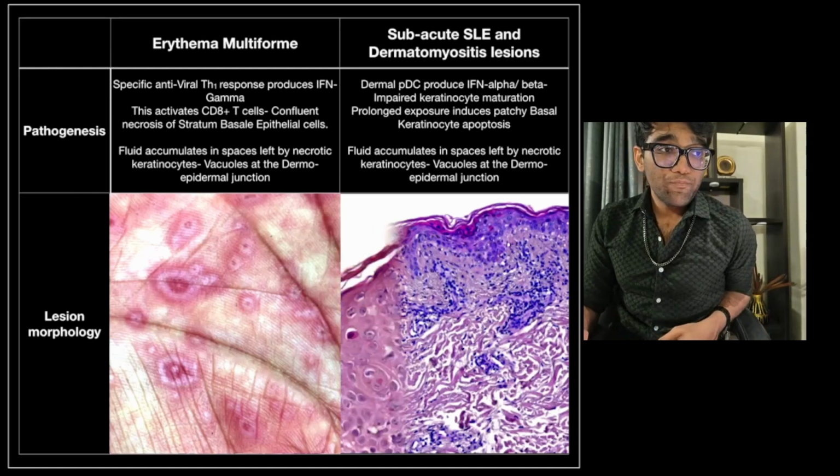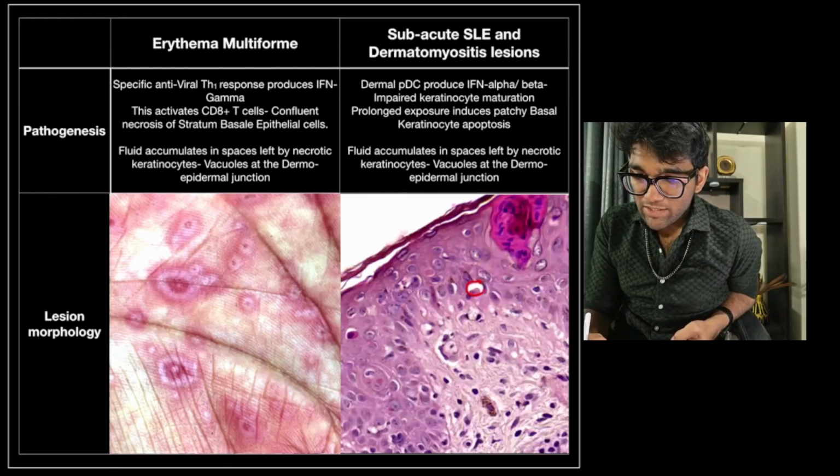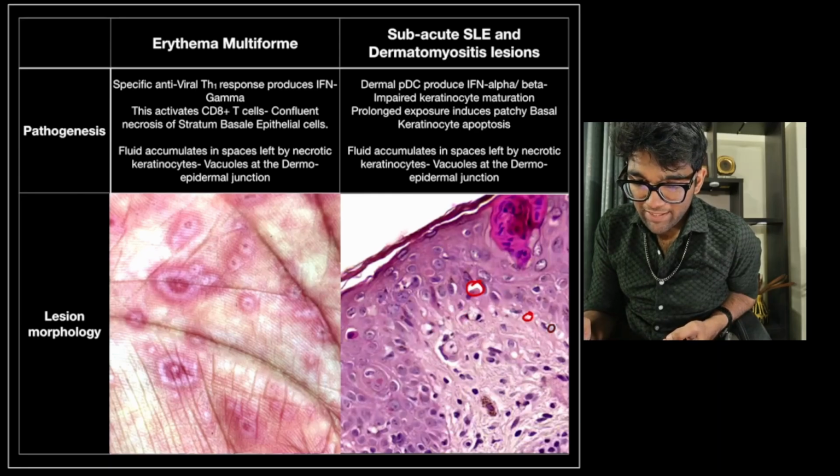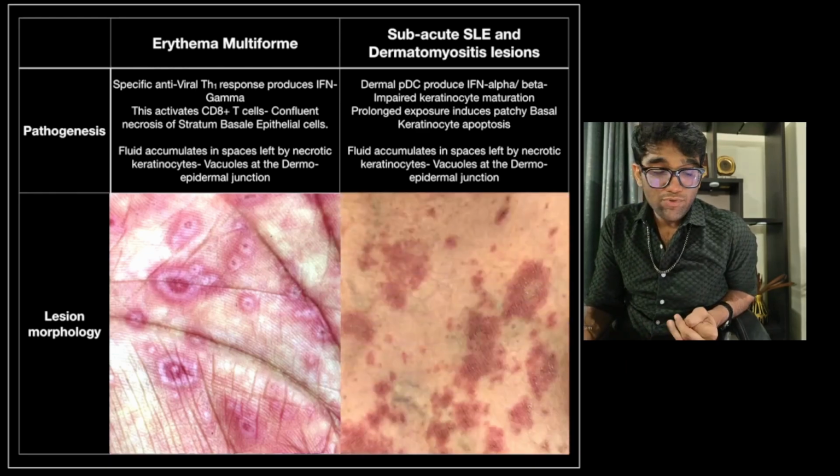Now, again this is a magnified view from a different patient, and again you see these dots or holes present at the dermoepidermal junction. In this particular case, maybe this is a necrotic keratinocyte, but not a very significant number of dead reds. And clinically what would this look like?